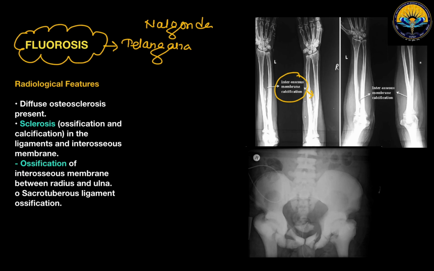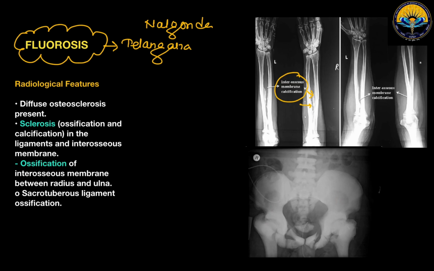We have sclerosis of the interosseous membrane, and also ossification of the interosseous membrane between the radius and ulna. So there is sclerosis and there is ossification. And in fluorosis, there might be sacrotuberous ligament ossification. Look over here, we have the sacrotuberous ligament ossification, right?